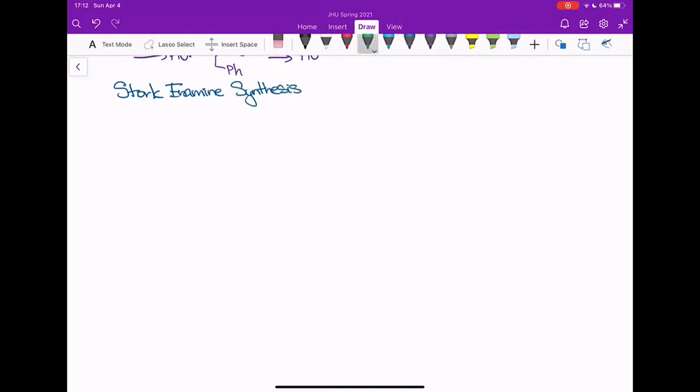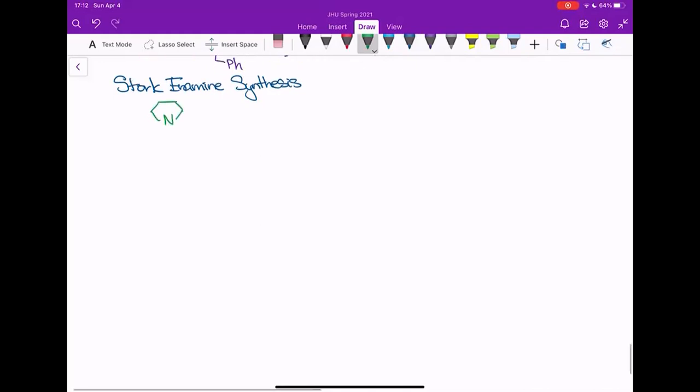Okay, so in this case, we're going to be using our enamine. And then we'll be attacking an alpha beta unsaturated carbonyl, and then an acid quench. Okay, and then our product will go ahead and look like this.